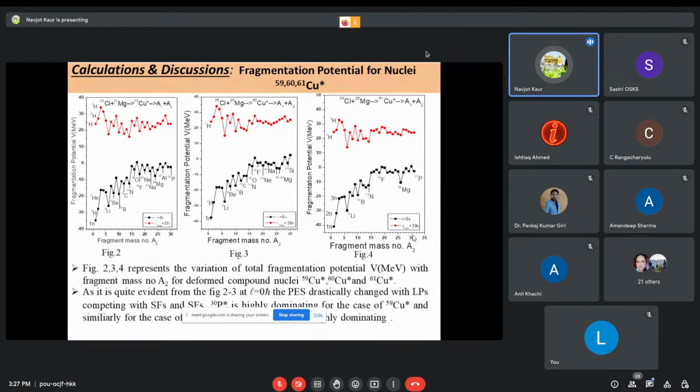Figures 2, 3, 4 represent the variation of total fragmentation potential with the fragment mass number A2 for deformed compound nuclei 59, 60, and 61 copper. As is quite evident from figures 2, 3 at L equals 0, the PS drastically changed with the LPS competing with the SF symmetric fragments, and SF 30 is highly dominant for the case of 59 copper.